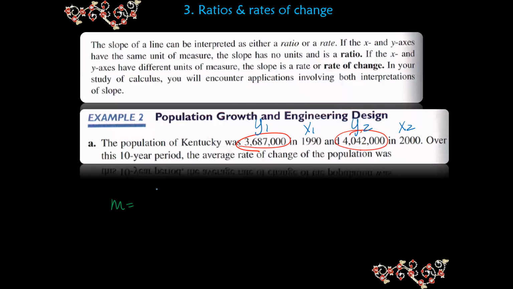So let's have the population on top. So y2 minus y1 all the way over x2 minus x1. And you're going to go ahead and subtract them.